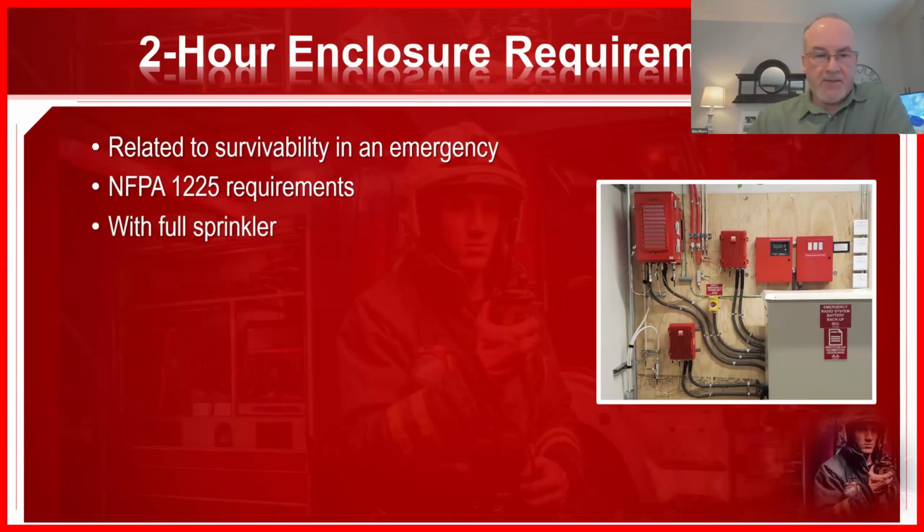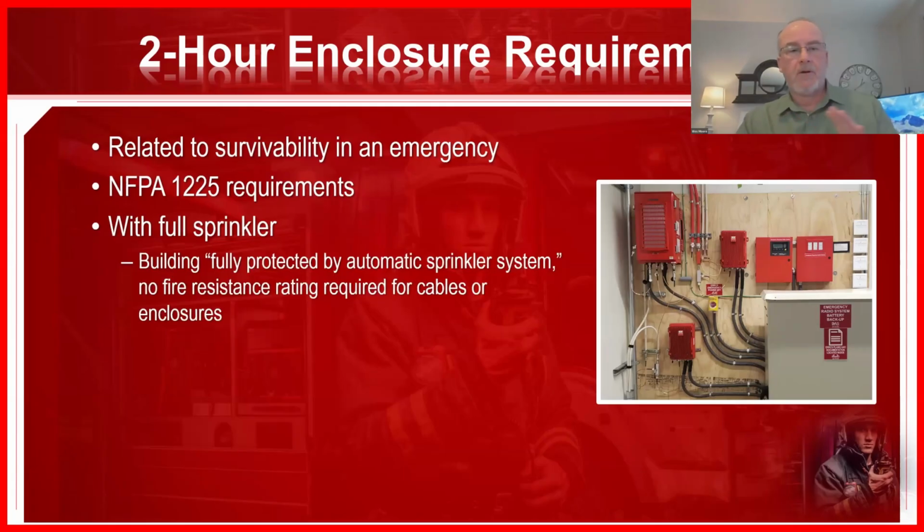But essentially what it says here is, if you have a building that's fully protected by an automatic sprinkler system, no fire resistance rating is required for the cables or the enclosures. So if everything's 100% covered by a sprinkler, you don't have to worry about an hour rating for this system, okay?